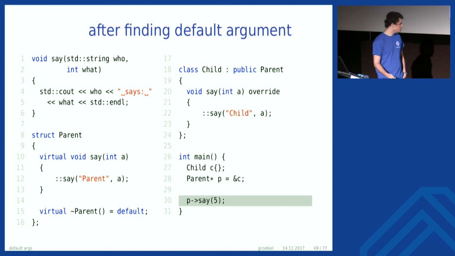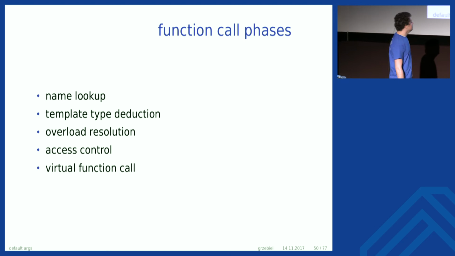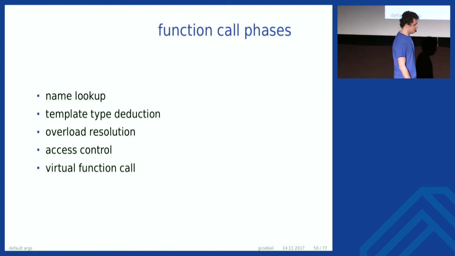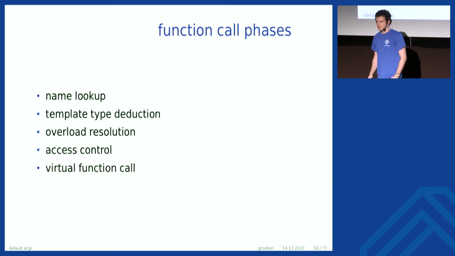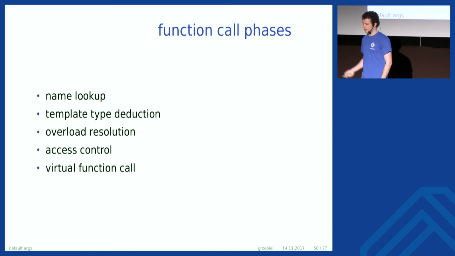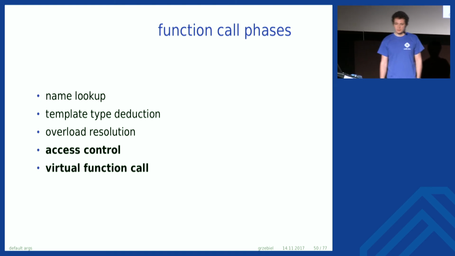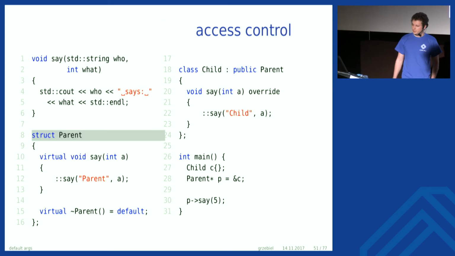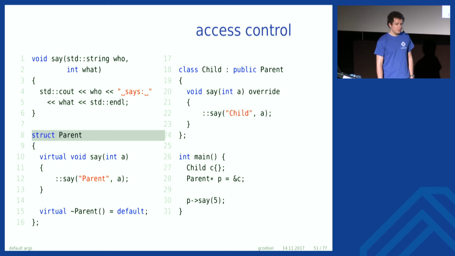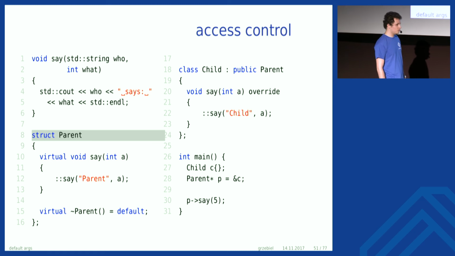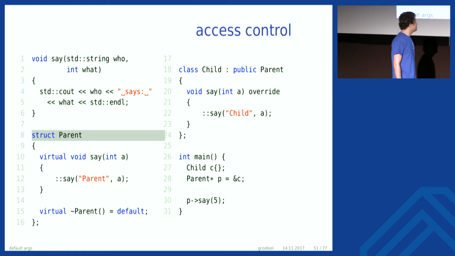Okay, so analyzing the phases of the function call leads to one more interesting finding. Actually, access control is done before the virtual function call. So when calling a virtual function, the compiler does not care about its access type.